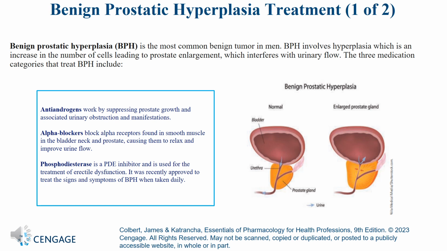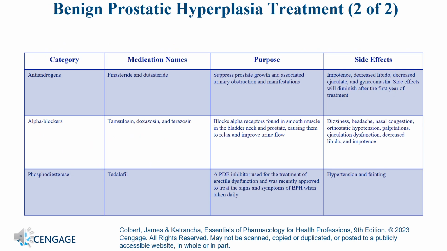Okay, so we're looking at a table that has the categories that we just talked about, the benign prostatic hyperplasia treatment. You see the category, you see the medication names, you see the purpose, and the side effects.